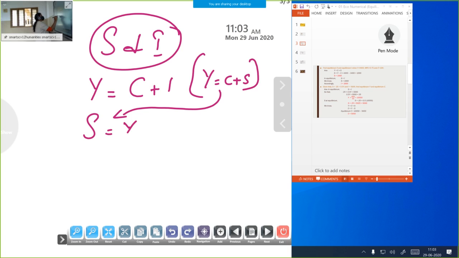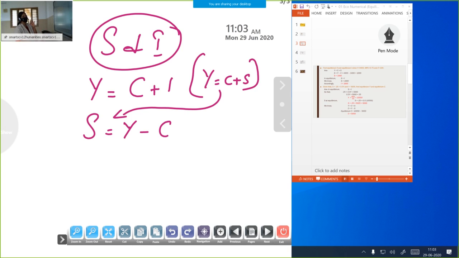Here S is equal to Y minus C. If you find out S, the same value you can give for investment also, because already they have given equilibrium S and equilibrium I. Otherwise you can use Y is equal to C plus I, and from there you can find out I.